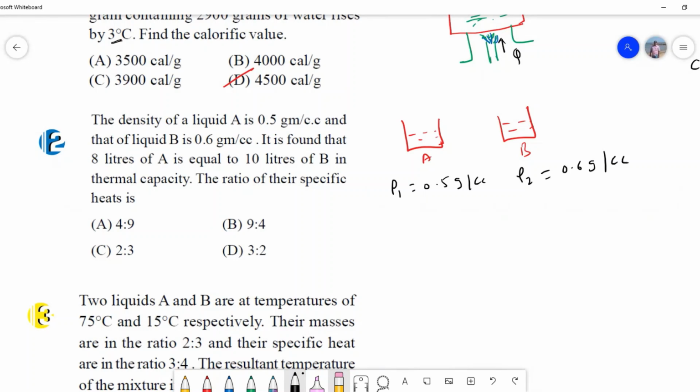It is found that the thermal capacity of 8 liters of A is equal to that of 10 liters of B. So V1 is equal to 8 liters and V2 is equal to 10 liters.